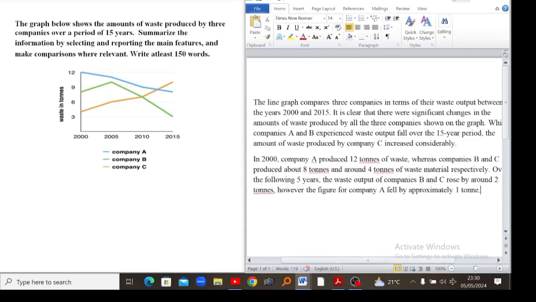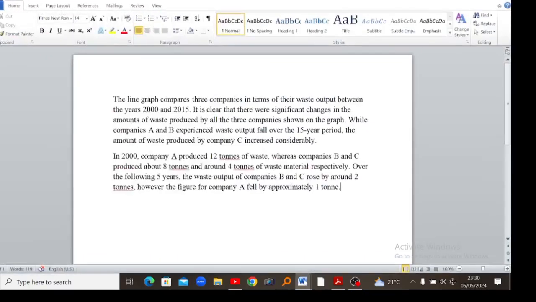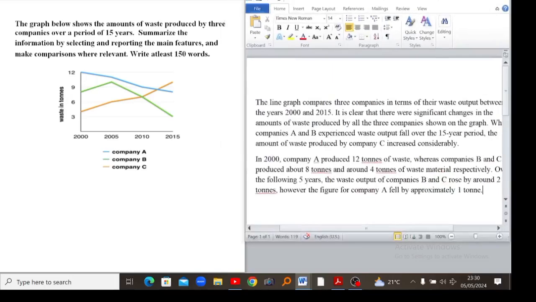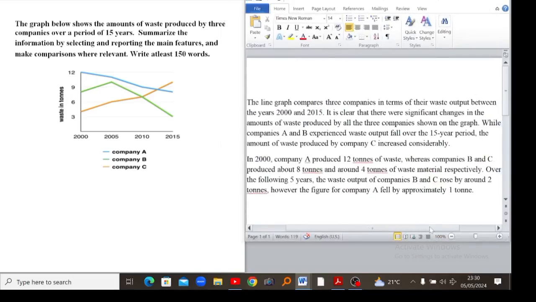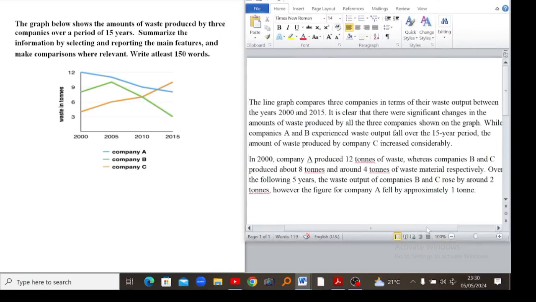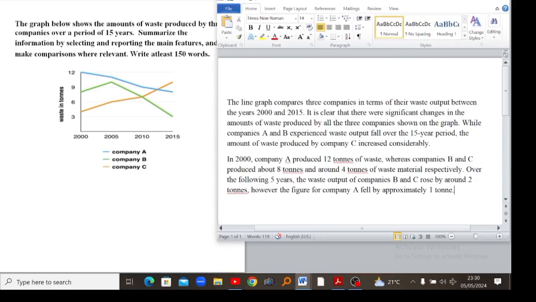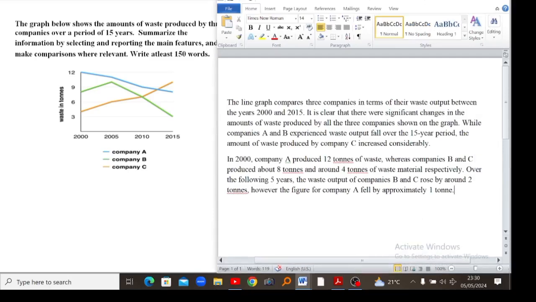So here I said over the following 5 years, let me do like this. Over the following 5 years, from 2005, the waste output of companies B and C rose by around 2 tons.